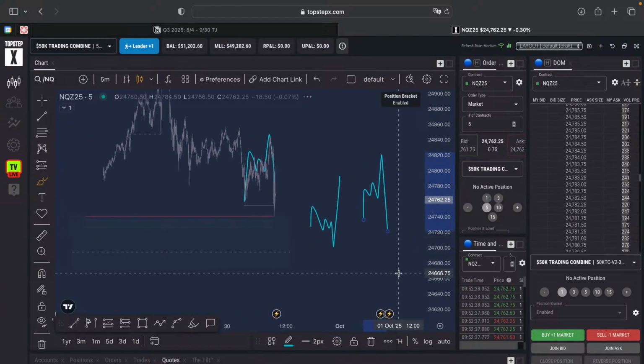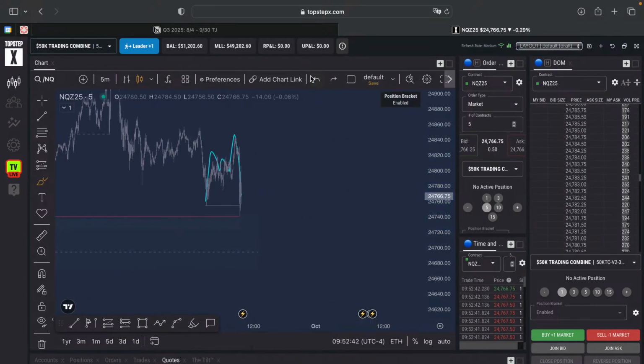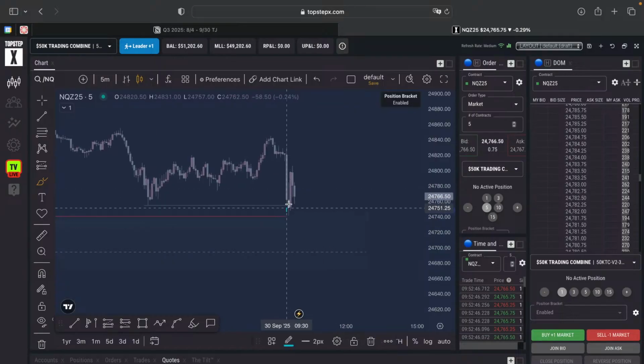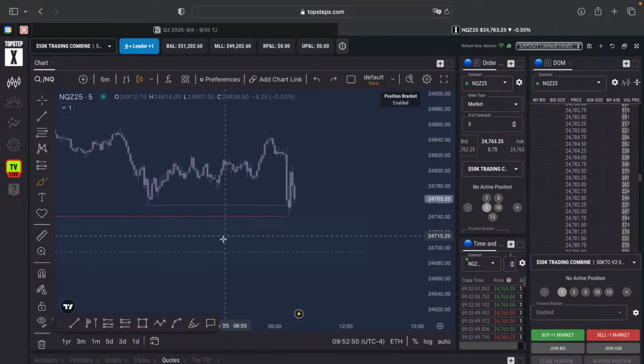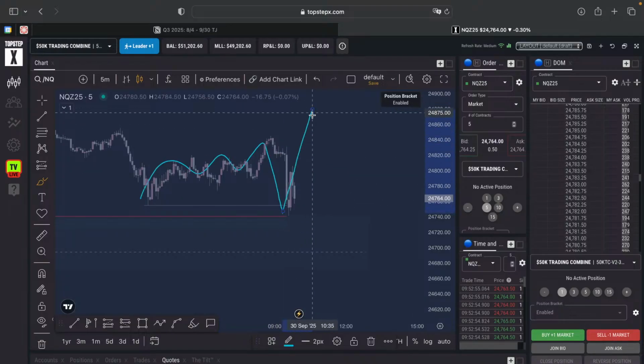It always happens that way. You can look at any big move in the market. There's always a consolidation, a sweep, then the move happens, right? So for you to be taking a buy off of this, it's not enough yet. All we've had was a consolidation and a sweep. The move has not happened yet, right?